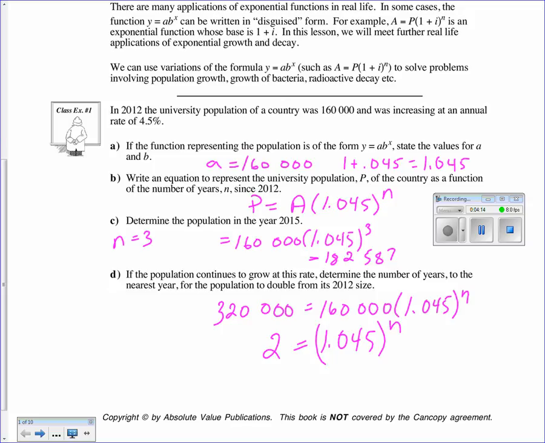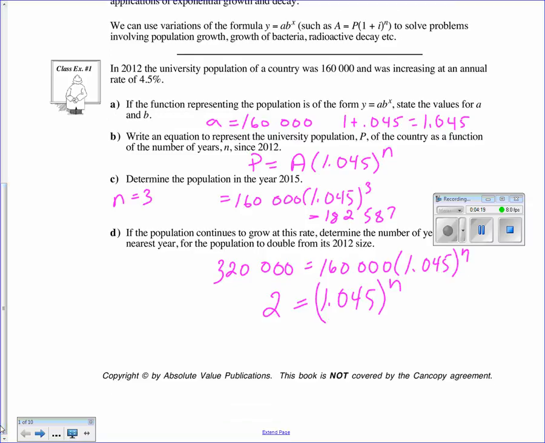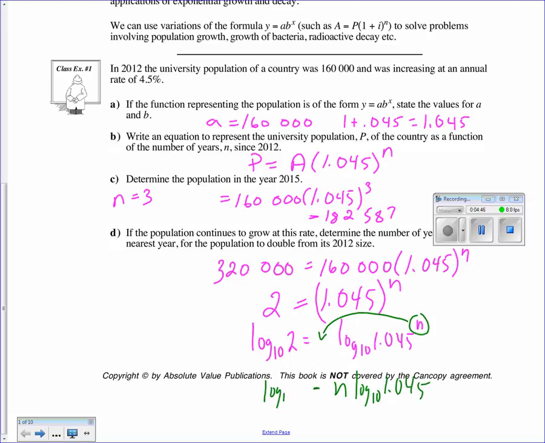From my work previously, I really preferred to take the log of both sides of the equation to begin with. So physically that looks like this: log base 10 of 2 equals log base 10 of 1.045 to the n. Now I'm going to apply that log rule that allows the n to migrate to the front. So n times log base 10 of 1.045 is going to be equal to log base 10 of 2.